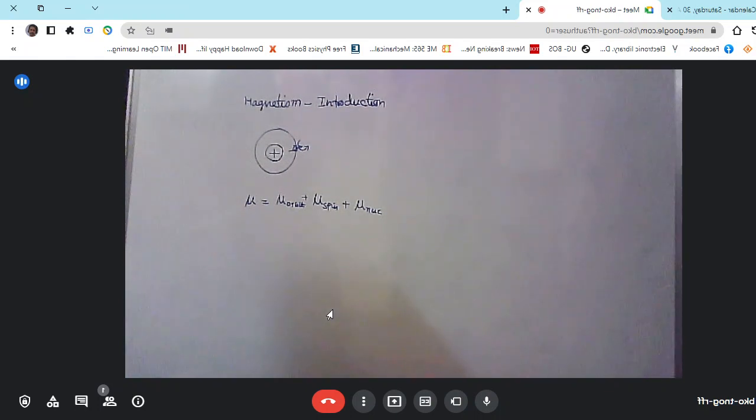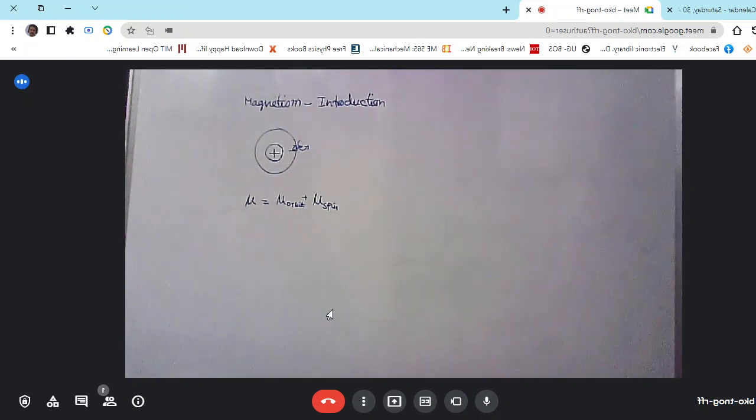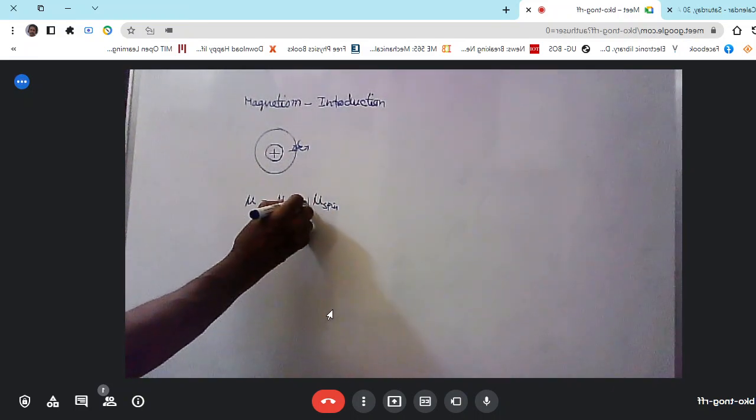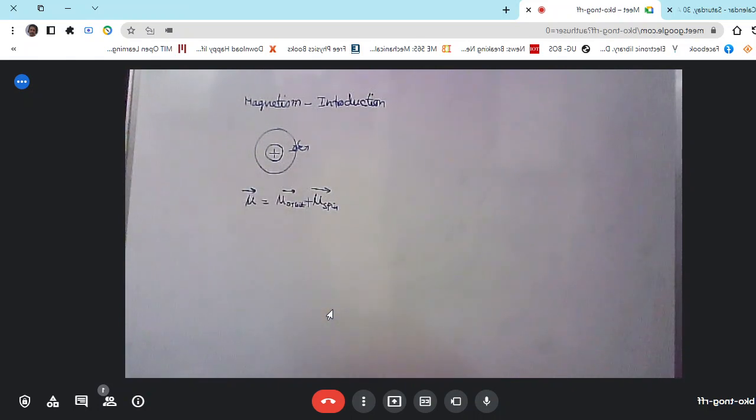So for the first approximation, I can neglect it. If you like, you can add some vector sign over it. So this is your magnetic origin.